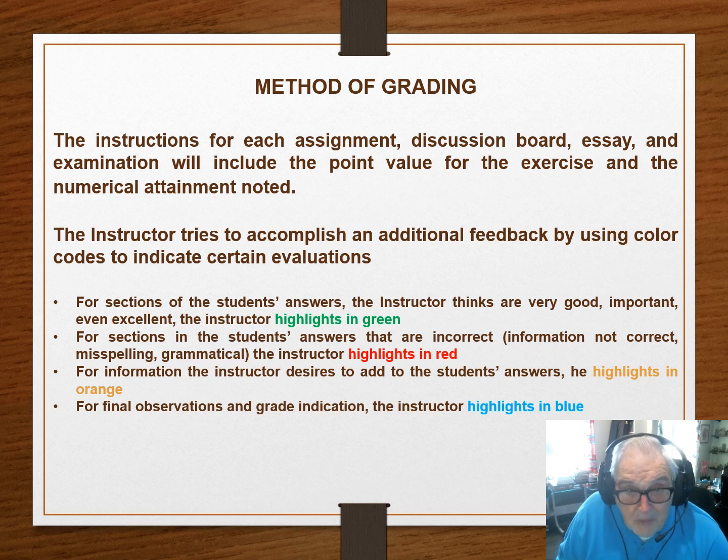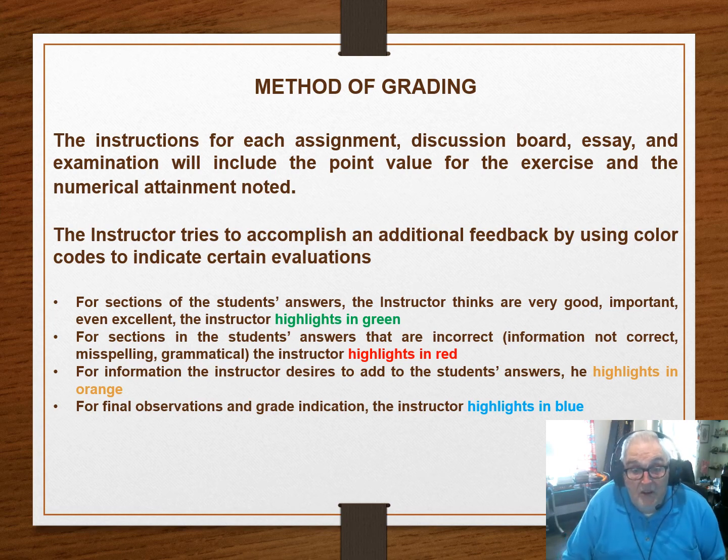The grades you make give some feedback on the assignments, but I have another way to give you feedback. When I read your answers on the assignments, the essays, if I think something you said is very good, very important, even excellent, I'll highlight it in green.